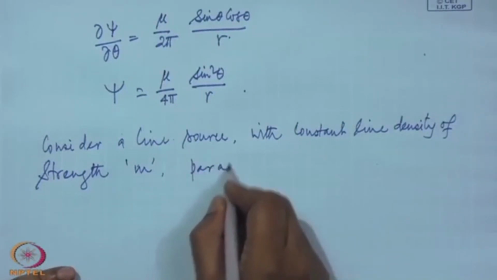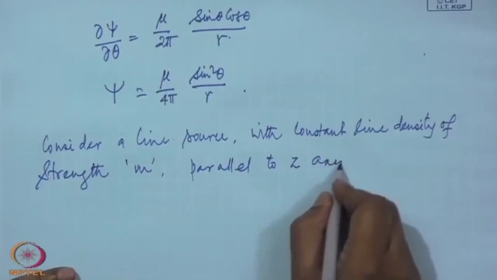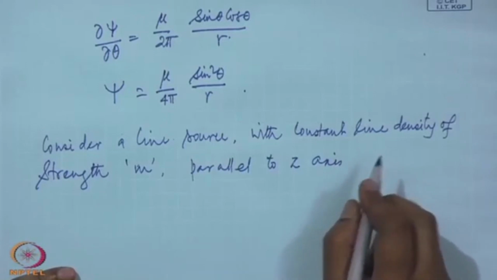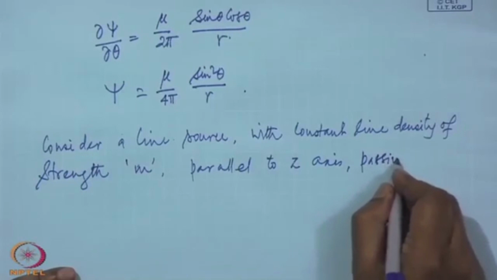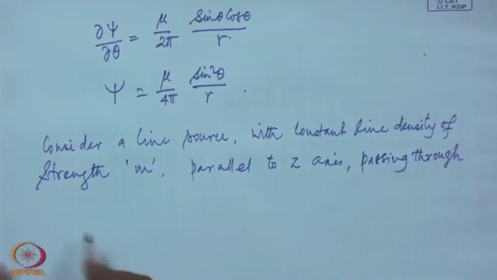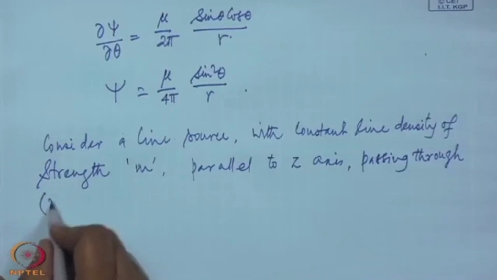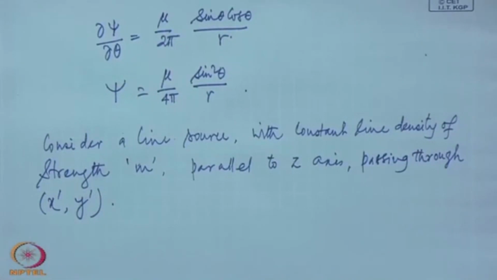Consider it parallel to the z axis, passing through the point x prime, y prime, and the line is infinite.